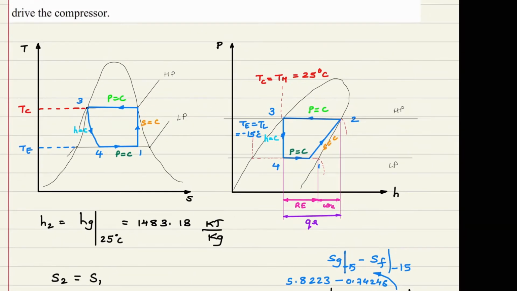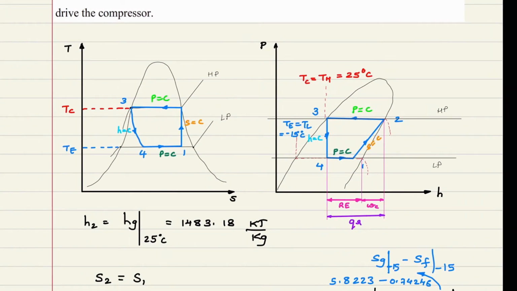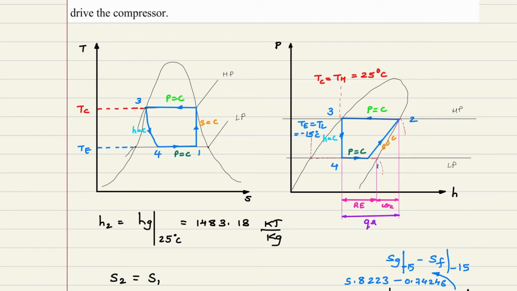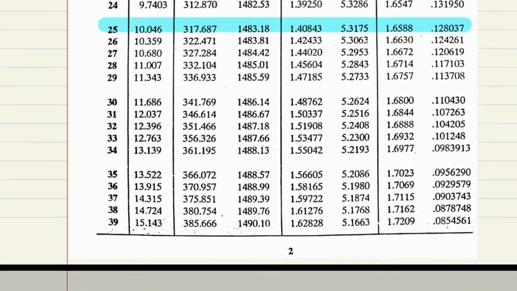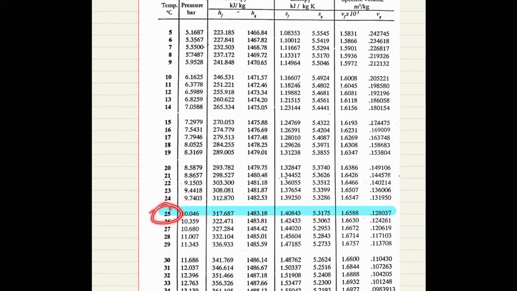Now next point, enthalpy H3 will be equal to enthalpy H4, and point 3, it is on saturated liquid. So what will be this enthalpy? It will be Hf at saturation temperature 25 degrees Celsius. So we'll read that value. So 25 degrees Celsius Hf value, it is this one.